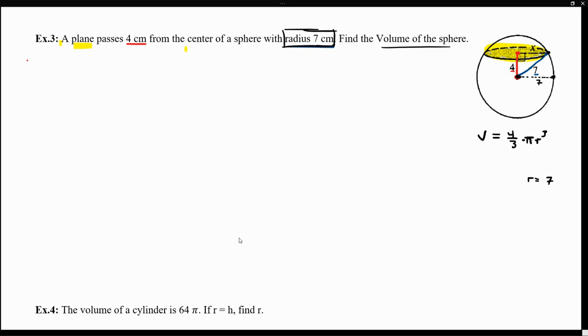Even though this was just given to us in the description of the problem, I want you to understand that the radius of a sphere, at least the r that we're most likely going to be using, is a line that must be perpendicular, at least when it comes to the relationship between a plane and a sphere. If we take a look at our plane and connect the center of the plane to the center of the sphere, the radius that we're going to be using is a line perpendicular to the line that connects the center of the sphere with our plane.